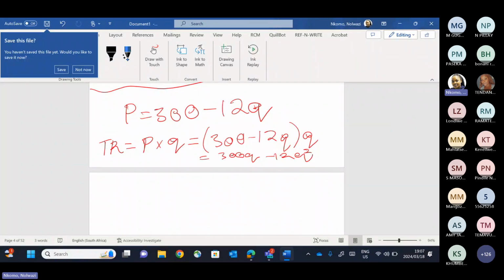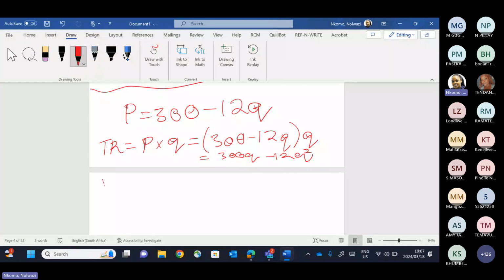Remember, the marginal revenue is the change in total revenue, meaning differentiating the total revenue with respect to the quantity demanded, you can find the marginal revenue. So marginal revenue is equal to dTR with respect to Q.